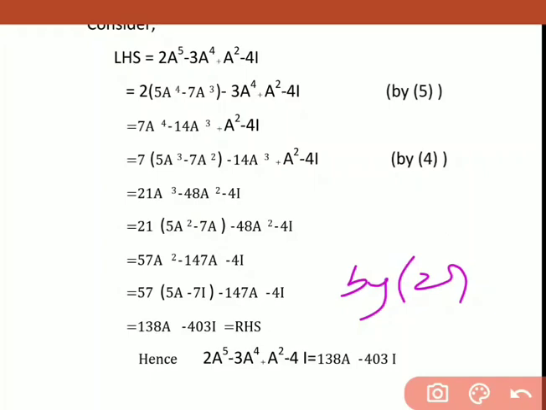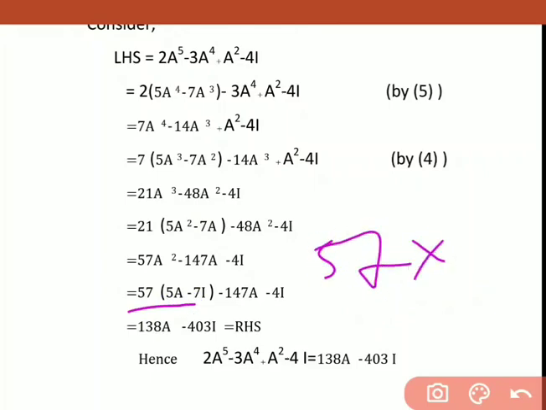Now open this bracket. 57 into 5 minus 147. Simplify this, you will get 138a. And next is again 57 into 7, minus 4i, which gives −403i.